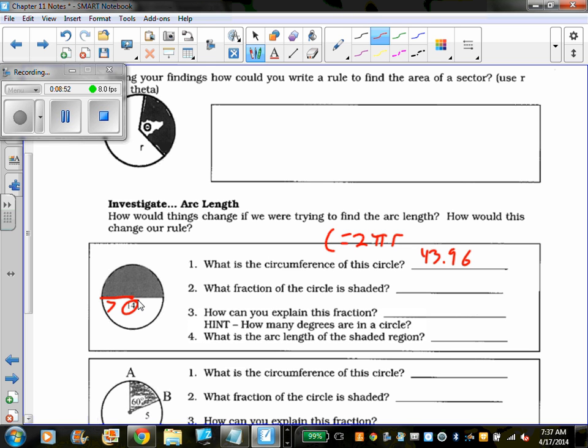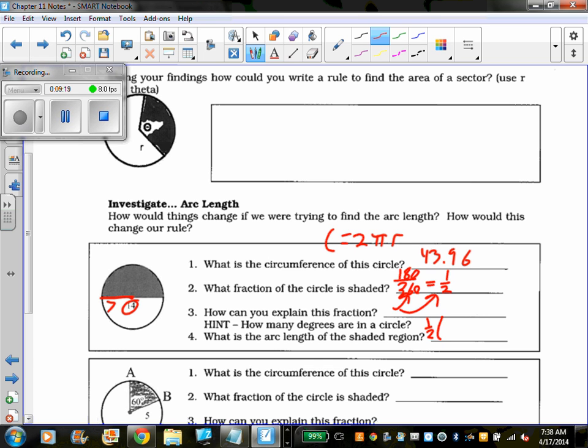This time, we have a semicircle going on here. So that is 180 degrees. You can see also, looking at it, well, let's just go from there. 180 degrees over 360, that's half of the circle, which means that's the fraction. I kind of did just explain it here, and you may end up doing that that way. So for the arc length, just like before, I should be able to take what I had, multiply by a half.